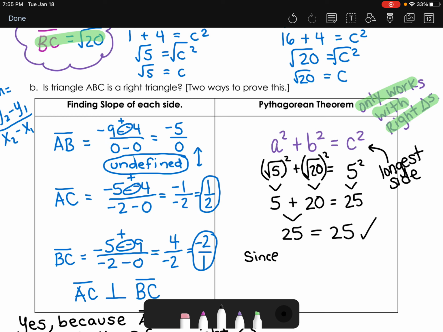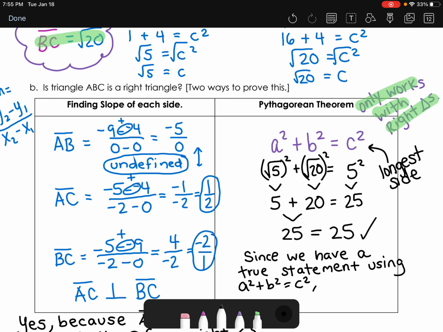Okay, so since we have a true statement using the Pythagorean theorem, I'll write this because it's shorter.